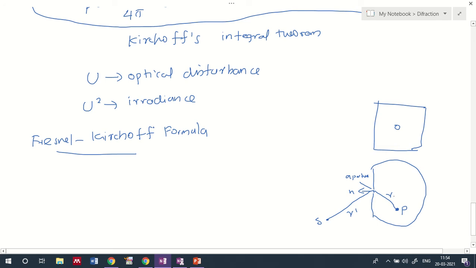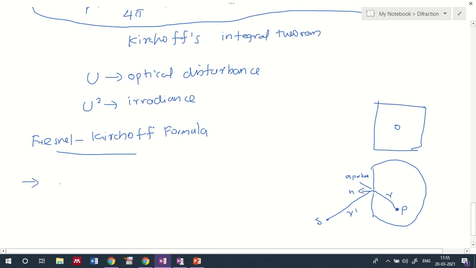Our aim is to determine the optical disturbance reaching the receiving point P from the source S. For that we apply the Kirchhoff integral theorem. We choose the surface of integration such that it encloses the receiving point and includes the aperture as part of it. The aperture opening indicated in the figure is a narrow aperture that is open. Here we have two basic assumptions to introduce.